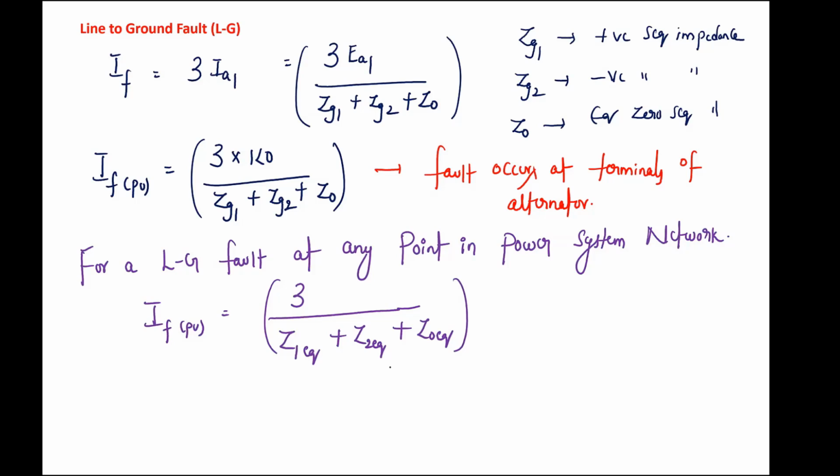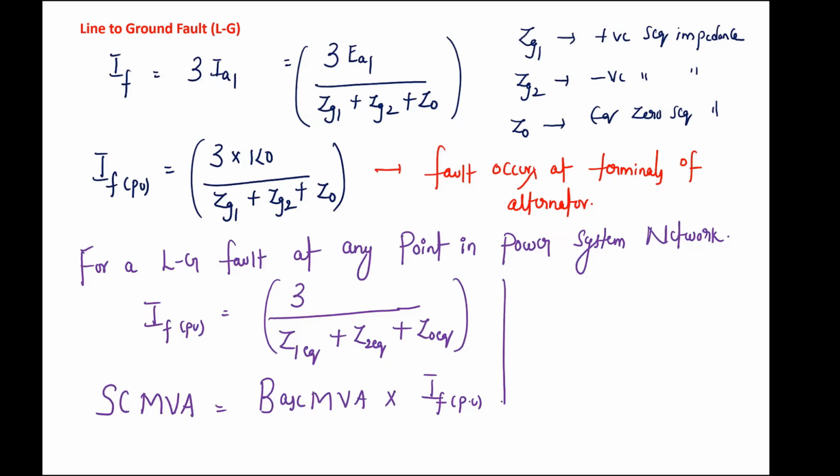Okay. If someone asks you for short circuit MVA, again the same formula we have to use. Short circuit MVA is equal to base MVA multiplied by IF per unit. It is the same for any fault. Okay.